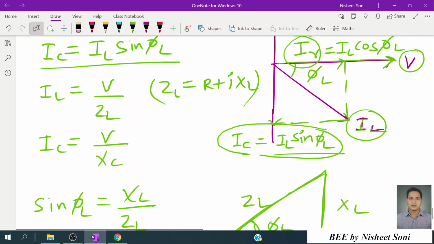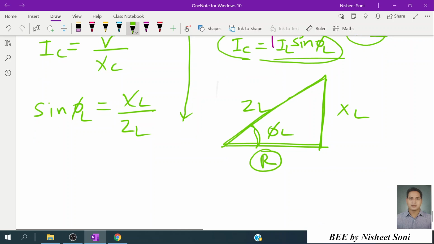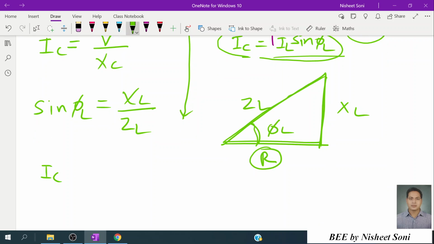Simply put the value of these parameters in IC equals IL sin phi L. What do we get?